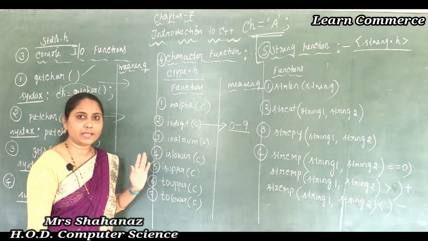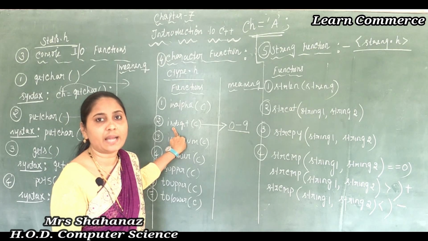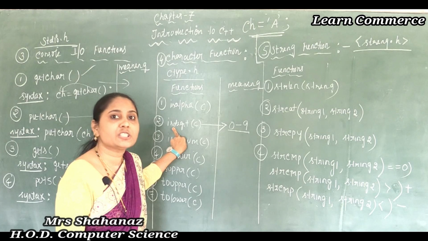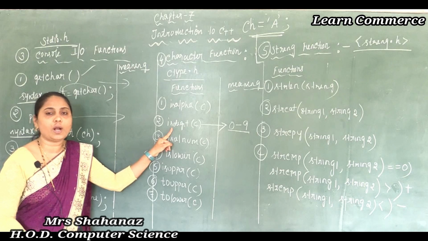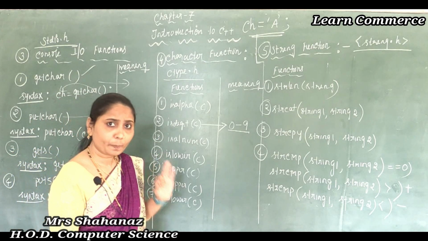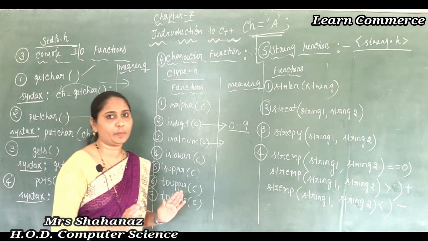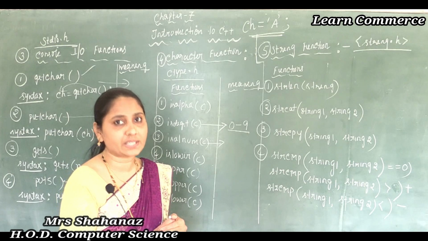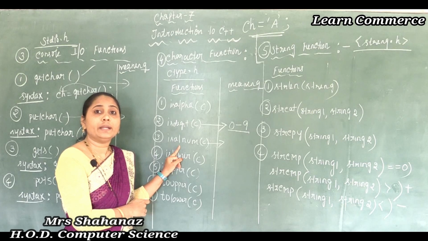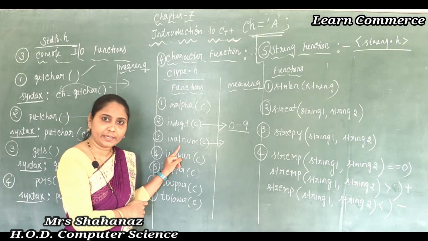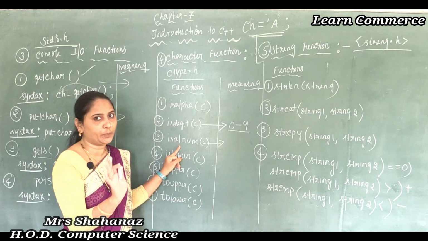Clear this point? So this function displays the value, and the value should be from 0 through 9; then only it returns true, otherwise it returns false. And the next one is isalnum, no space, you should remember it: isalnum of C. It returns true if C is a digit from 0 to 9 or an alphabet letter, either uppercase or lowercase, no problem.